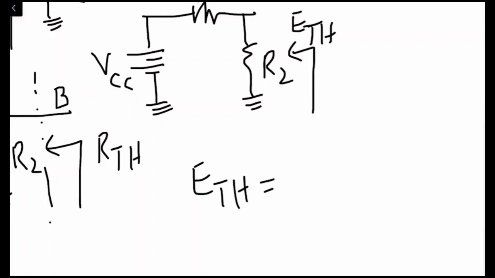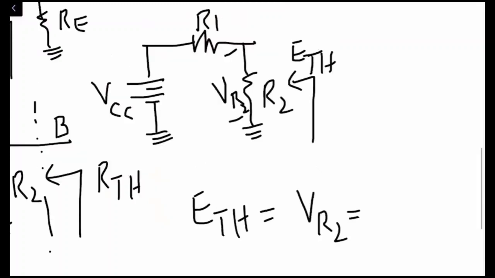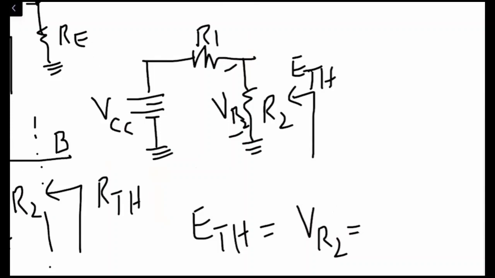And the drop across R2 resistance, we call it VR2, right? So VR2 should be equal to the Thevenin equivalent voltage, and what should be the value of VR2? Anybody? Sir, VCC into R2 divided by R2 parallel R.